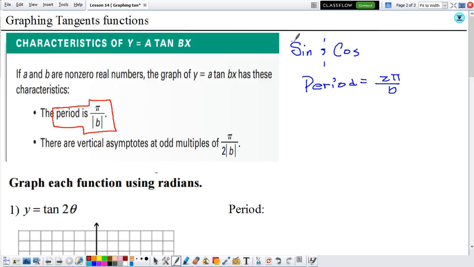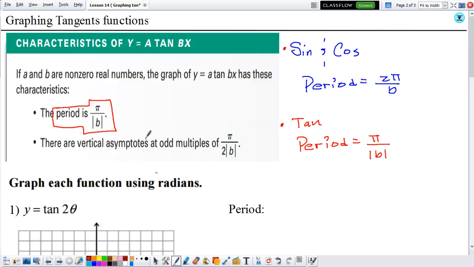But now it's going to change a little bit if we're going to talk about tangent. For tangent, the period is not 2 pi over b anymore, but it's just pi over the absolute value of b. So that changes a little bit.